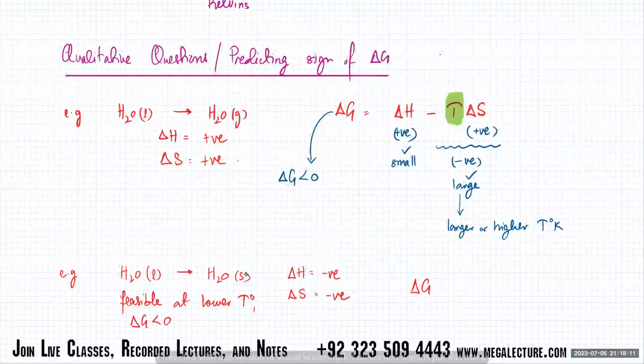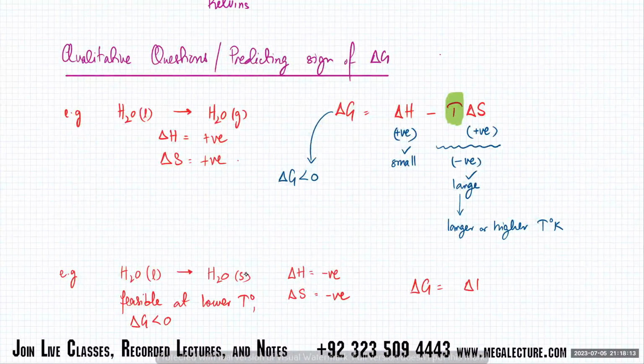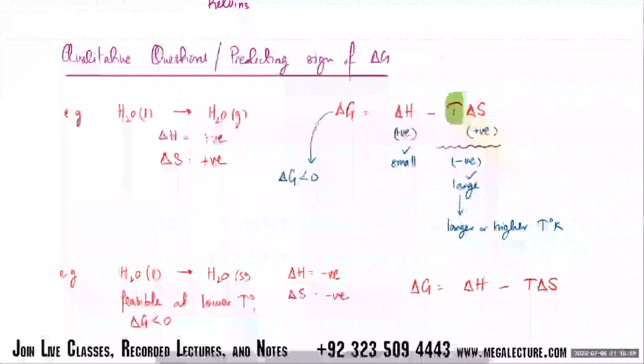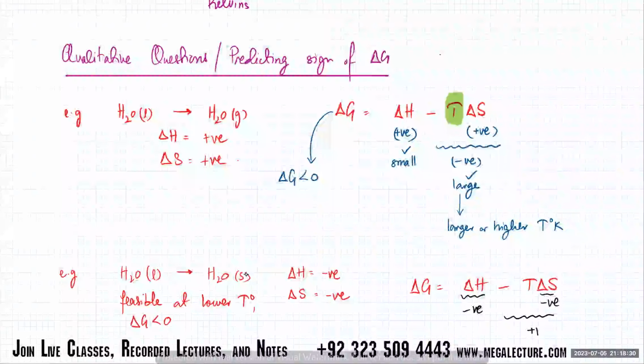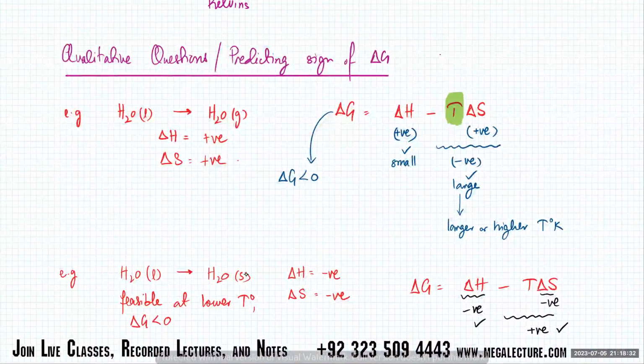So delta G is equal to delta H minus T times delta S. Now in this question, the delta H part is negative and the delta S part is also negative. But since you've got two negative terms, this side would actually become positive. So you've got a positive term and a negative term.